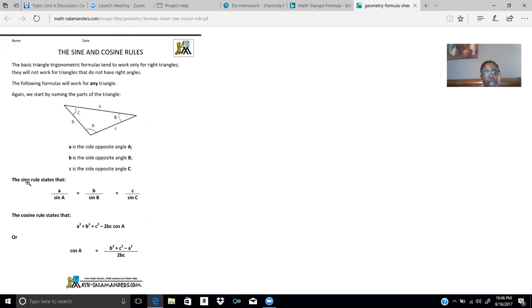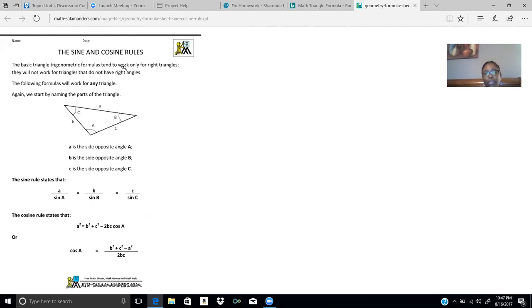And so the sine rule states that side A over sine of angle A is equal to side B over sine of angle B, which equals side C over sine of angle C. So these are all equivalent. You determine which two you want to equate, depending on what you're given.